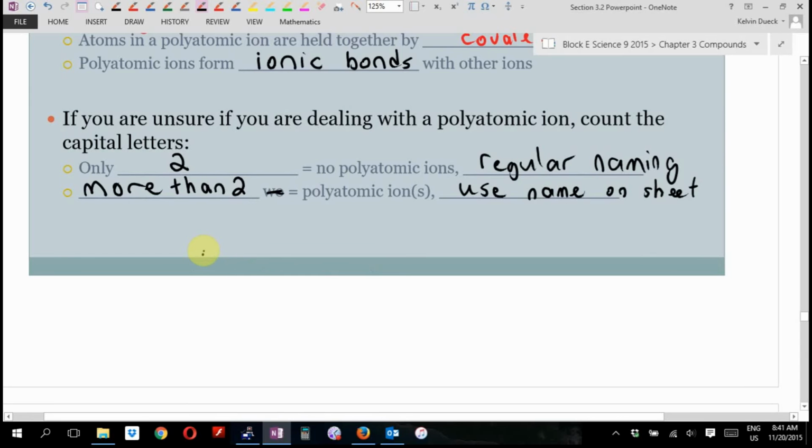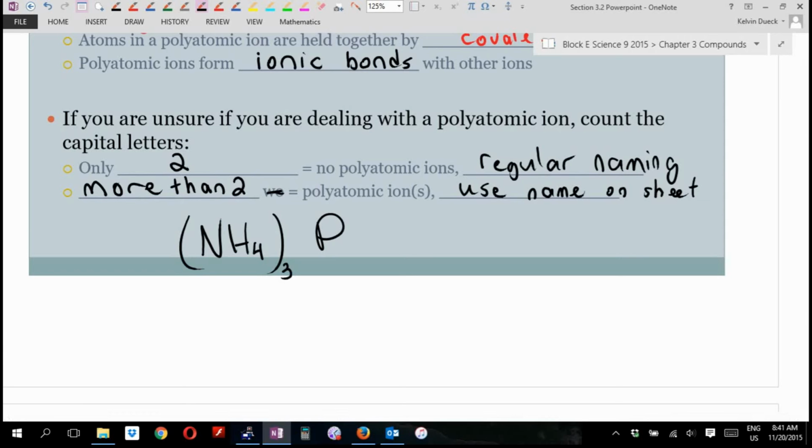What if they gave me, hang on, that's wrong. Let's go like that. NH4. What is NH4? Ammonium. You would read this as ammonium.